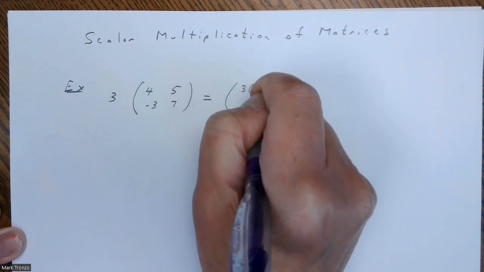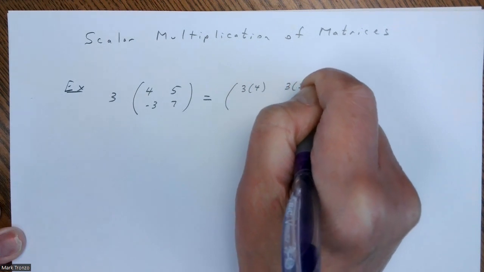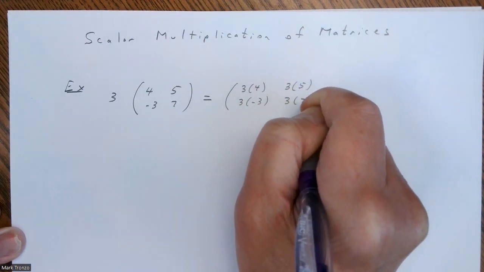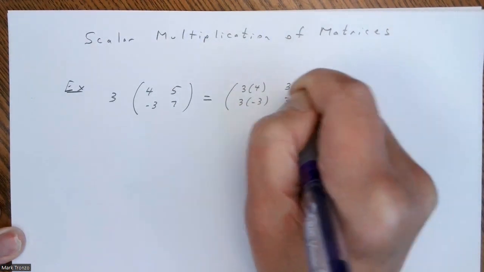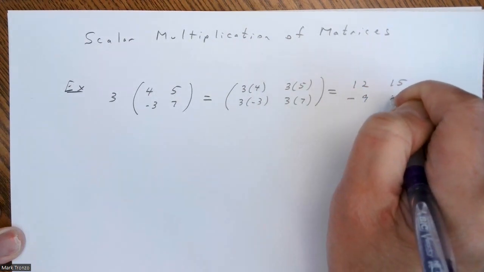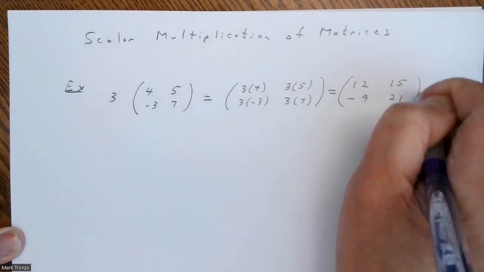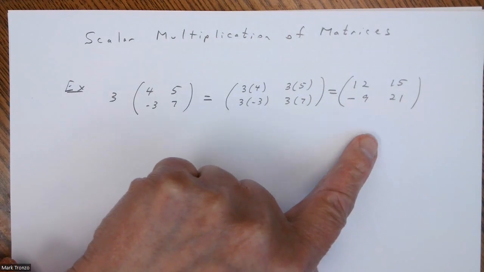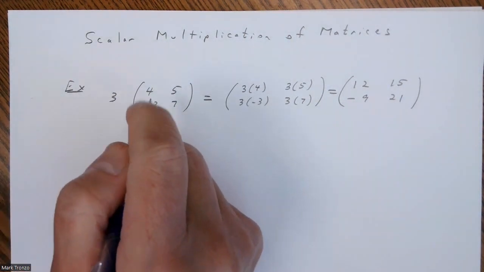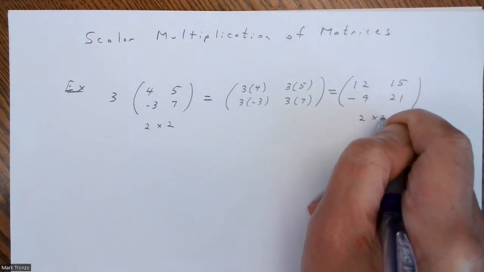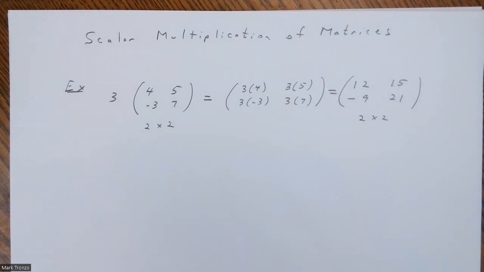So it'd be 3 times 4, 3 times 5, 3 times -3, 3 times 7, and that'll give us 12, 15, -9, and 21. Now, notice when we multiply a number by a matrix, the matrix doesn't change size. It started out as a 2 by 2, 2 rows, 2 columns, and it ended up being a 2 by 2, 2 rows and 2 columns.